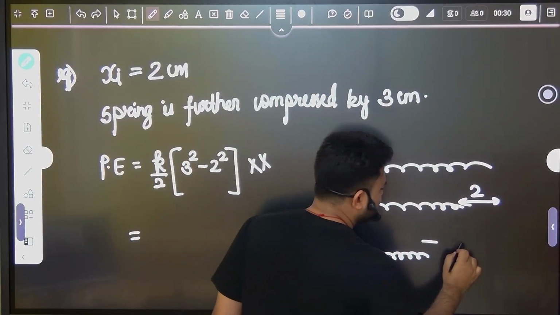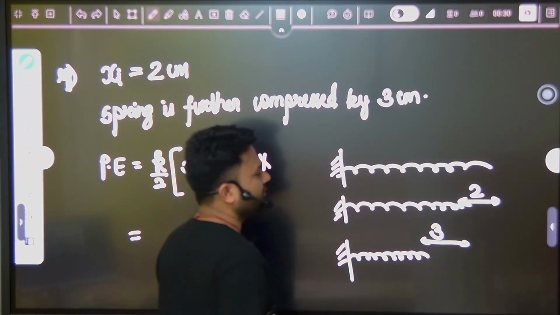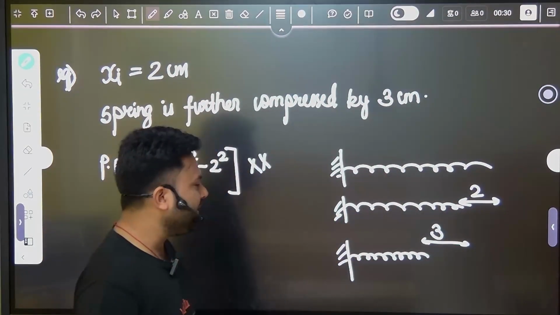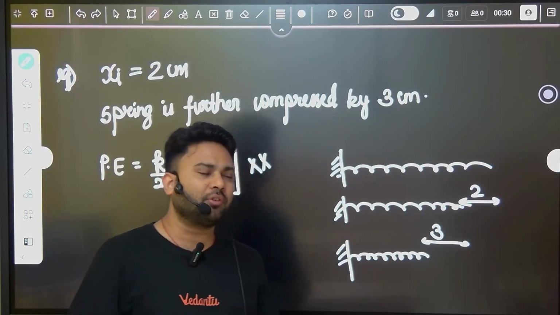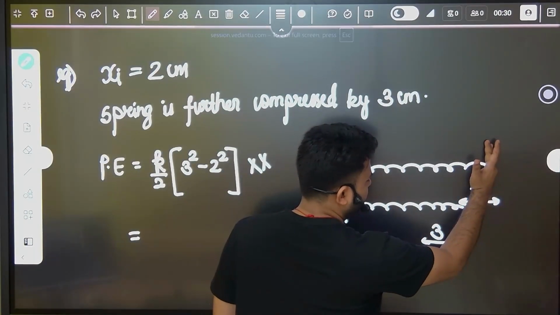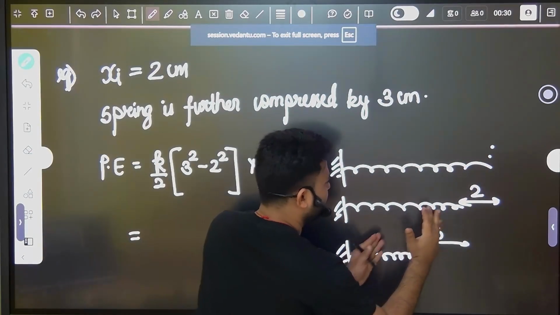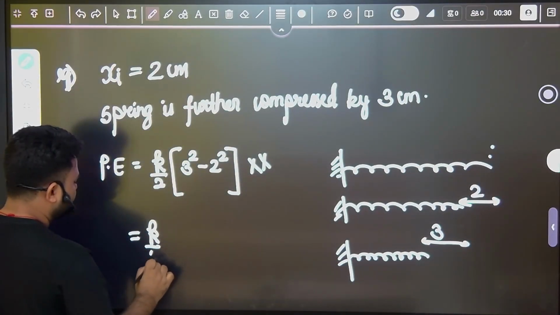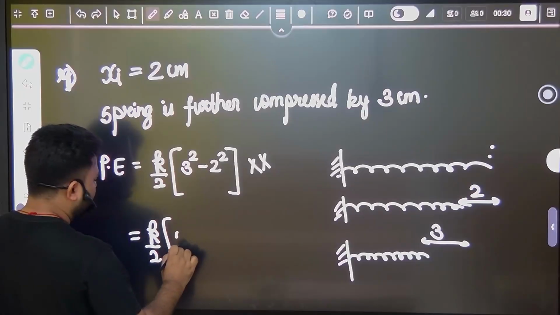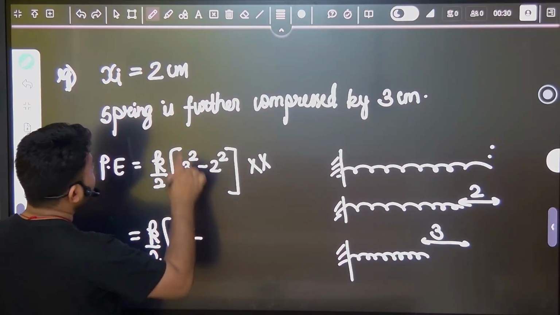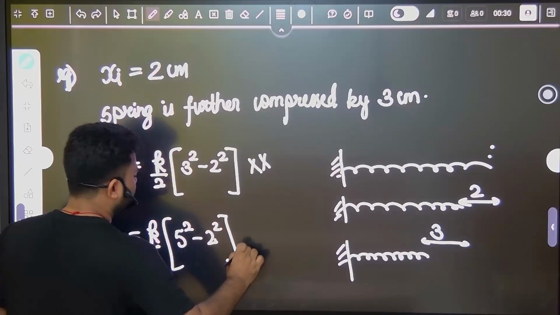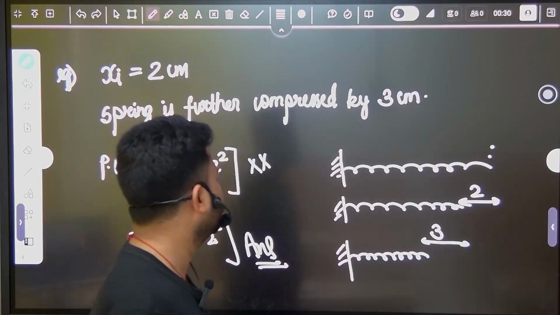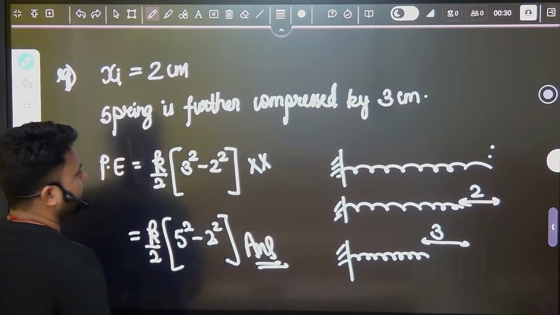This value is 3 centimeter. Correct. So x initial is 2. This is fine. But x final, what I told, we compare from the natural length. Natural length was here. So from here it is compressed to here. So what is the total compression? 2 plus 3, 5. So the real answer will be k by 2 times x final, that is 5 square, minus x initial, that is 2 square. This will be our answer. So be careful while solving this. Correct?